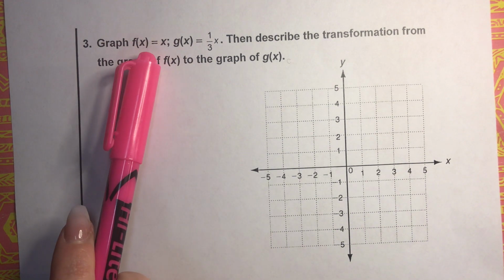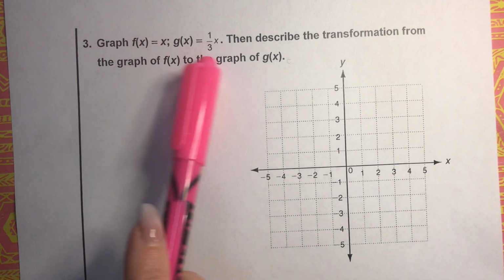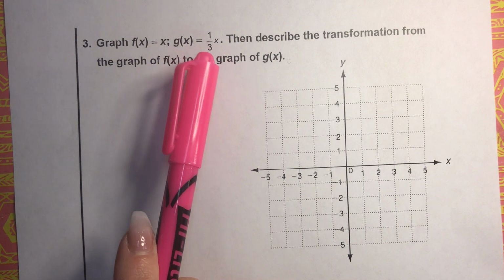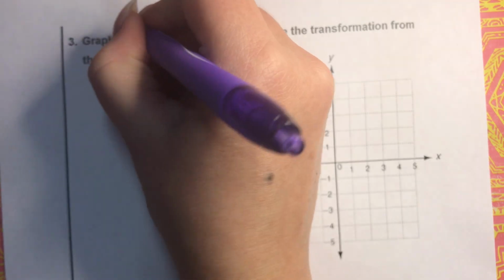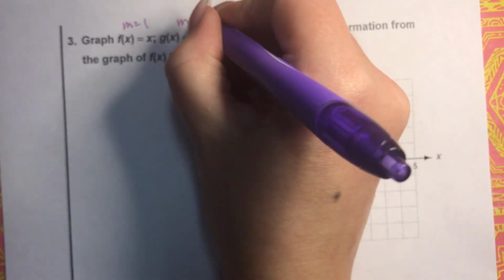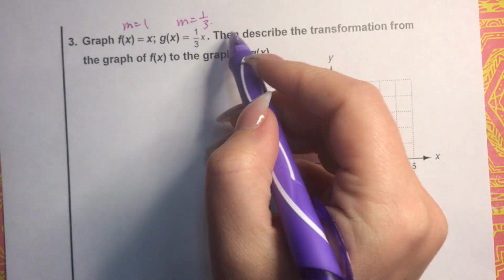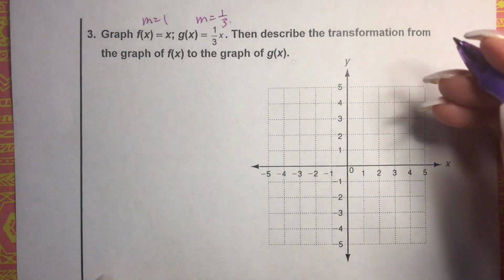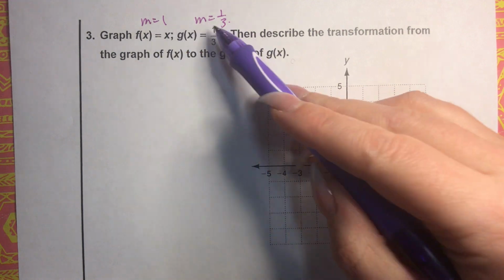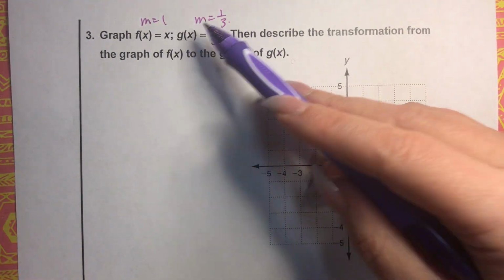Okay, well, what's the slope of this? 1, and what's the slope of this? 1/3. So if the slope is 1, and then we have the slope of 1/3, this is less than this, so it should be getting less steep, right? Let's go ahead and graph it and see. And only the slopes are changing, so we know it's a rotation.